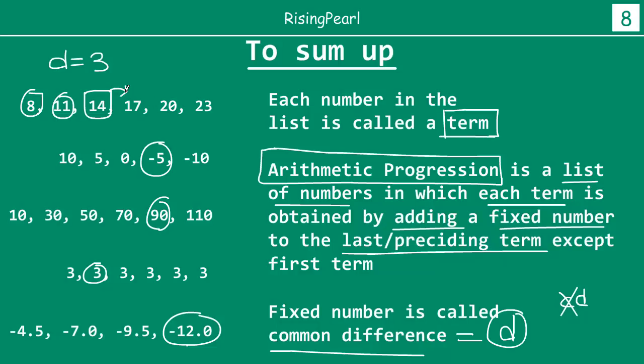If I take 17 and add the common difference, I get the next term. So this kind of list or set or collection or series of numbers where each term is obtained by adding a fixed number to the last term is called an arithmetic progression, or AP in short.